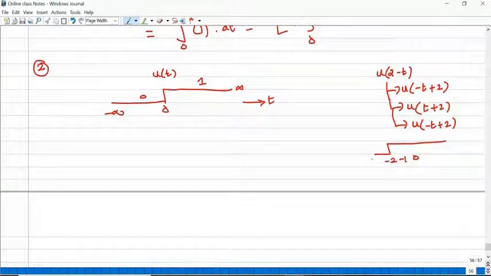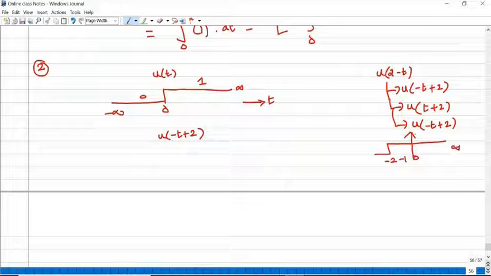So this is u of t plus 2, from minus 2 to infinite. Then u of minus t plus 2 is the time reversal of this particular version. As per the problem, we need to sketch u of minus t plus 2.